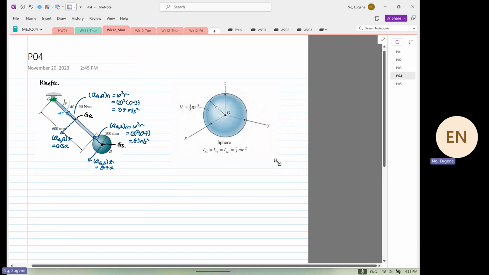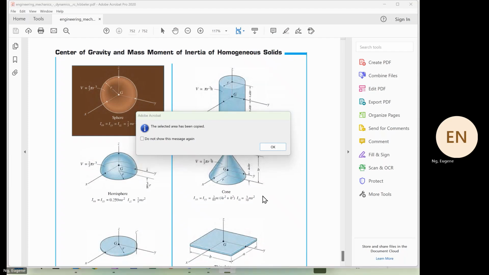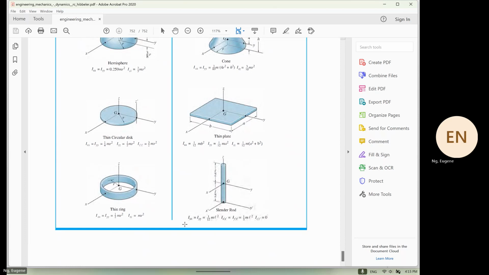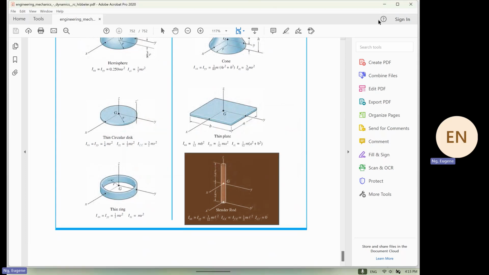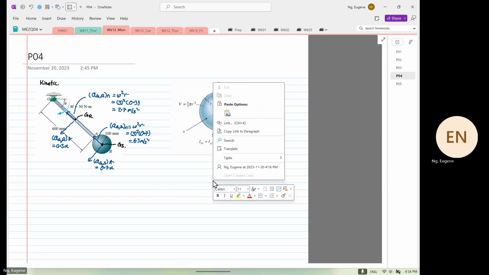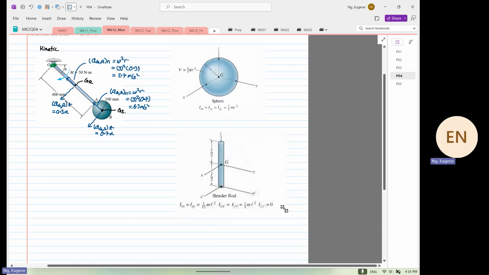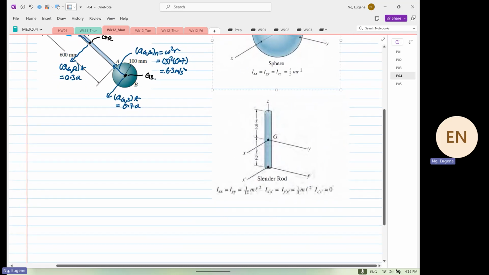And then the other one is for the slender rod. I like to do the slender rod first because it's pretty interesting. Let's do the slender rod first.